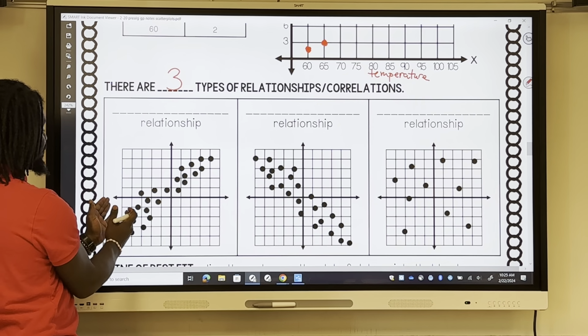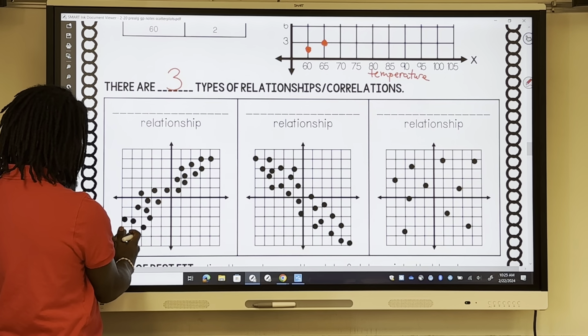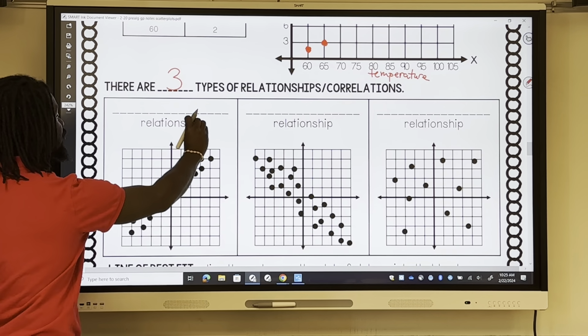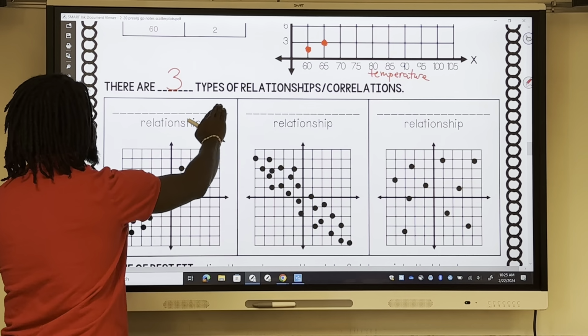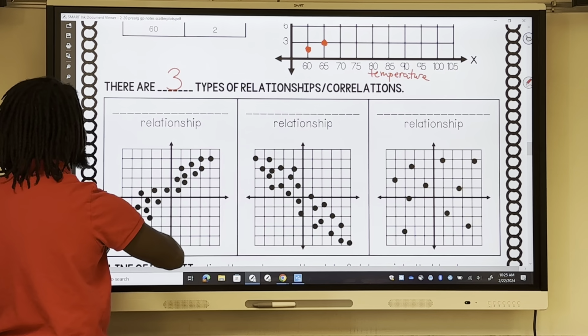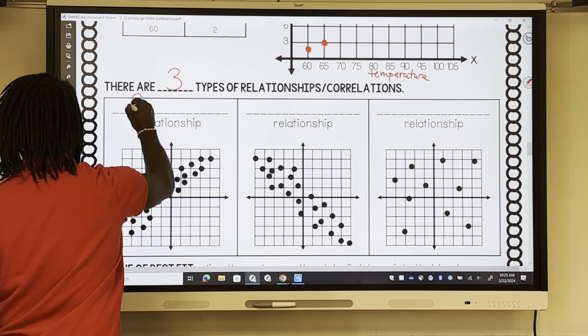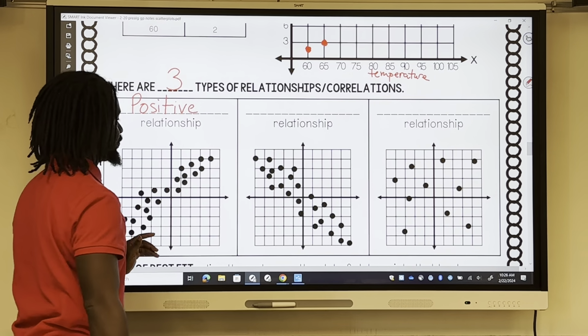As we're reading the graph from left to right, which direction is it going? As it moves from left to right, this one is increasing. It is going up and to the right. That is, just like it was last time, a positive relationship, okay?